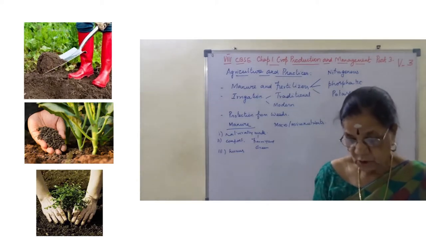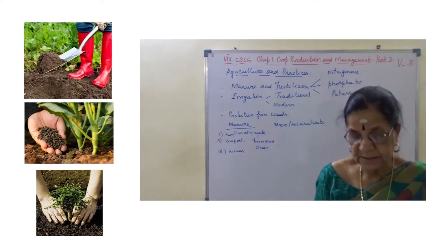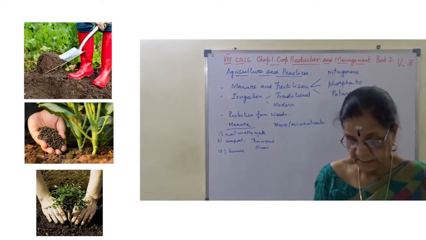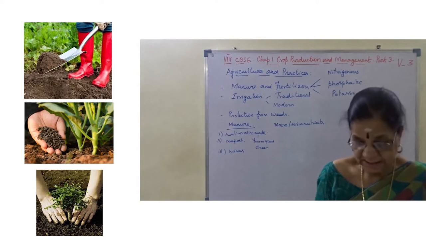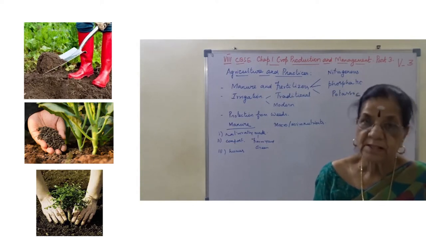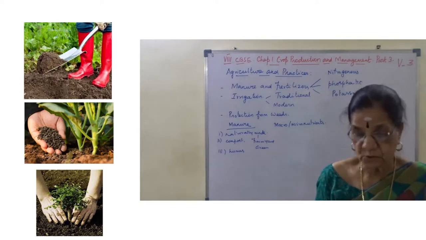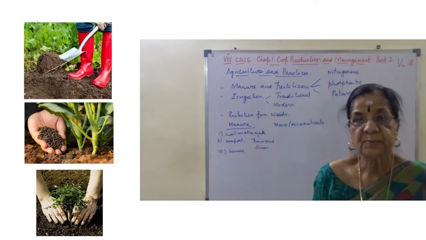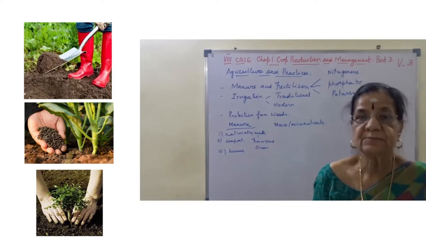Okay. The use of fertilizers has helped farmers to get better yield of crops such as wheat, paddy and maize. At the same time, excessive use of fertilizers has made the soil less fertile.